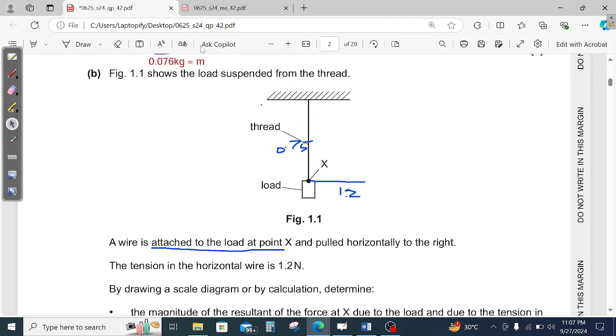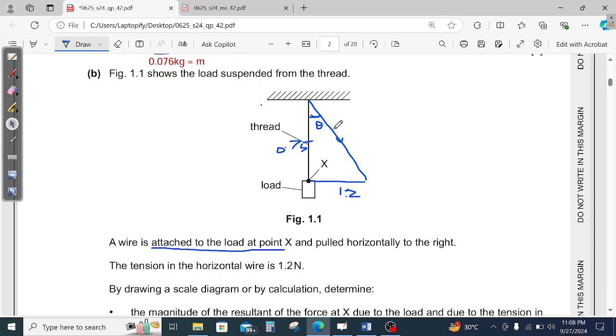It has been written that you have to find out the resultant of this force, which means you have to find the value of this hypotenuse and the angle by which you have stretched the load with the help of this wire. So this angle you have to measure. So this makes a right triangle.